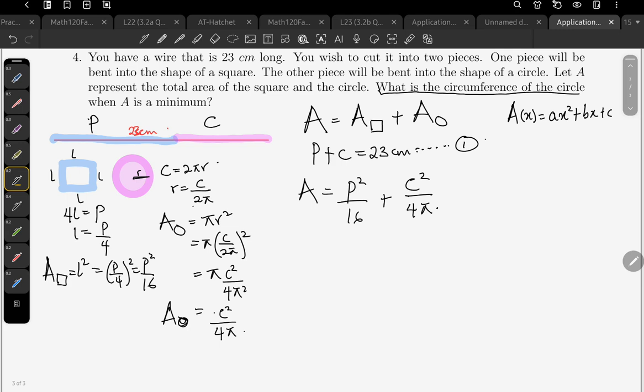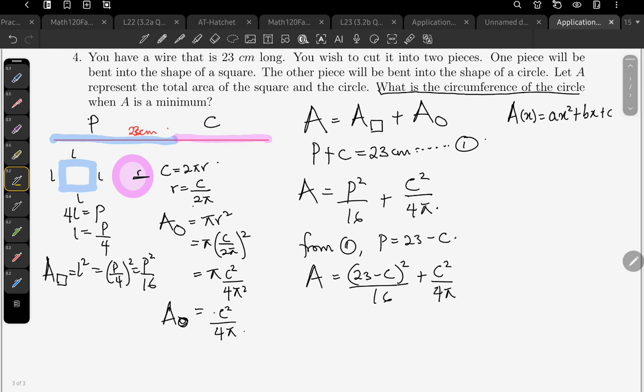From equation 1, we know that P is equal to 23 minus C. If you substitute that into the expression for the area, we get area equals (23 minus C) squared over 16 plus C squared over 4 pi.